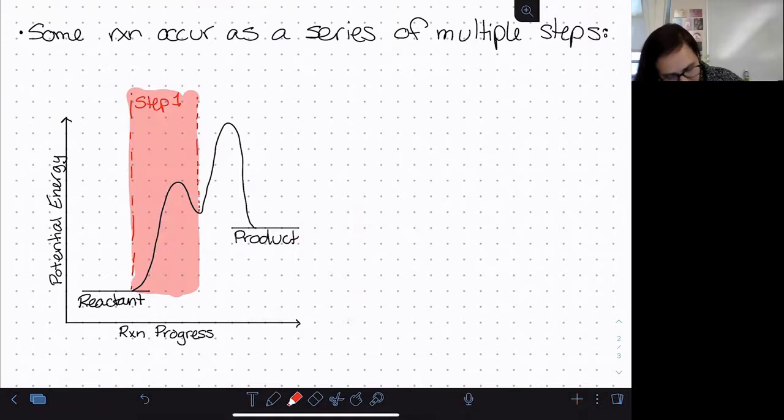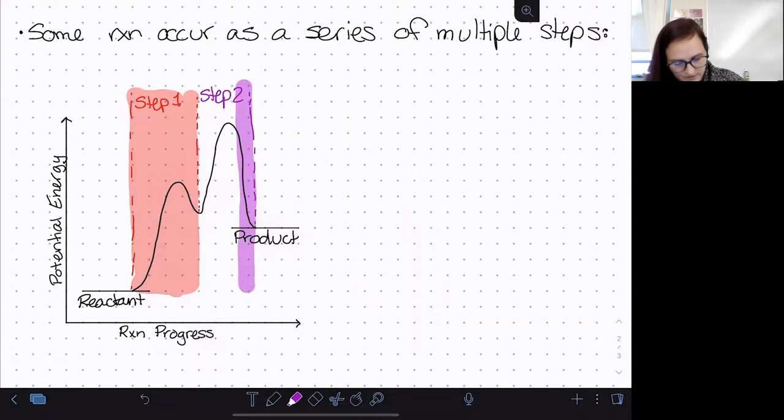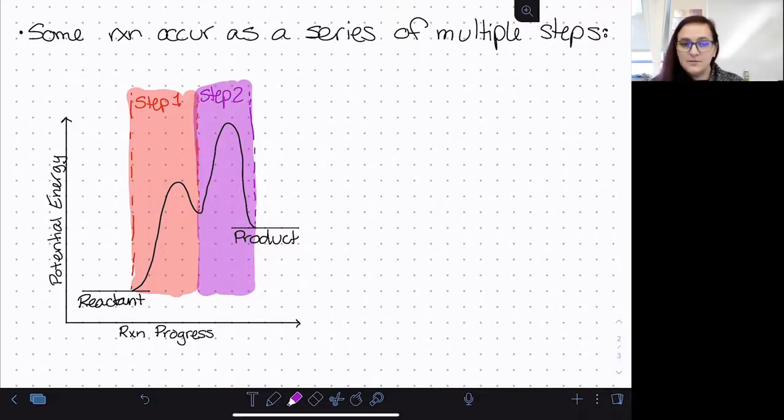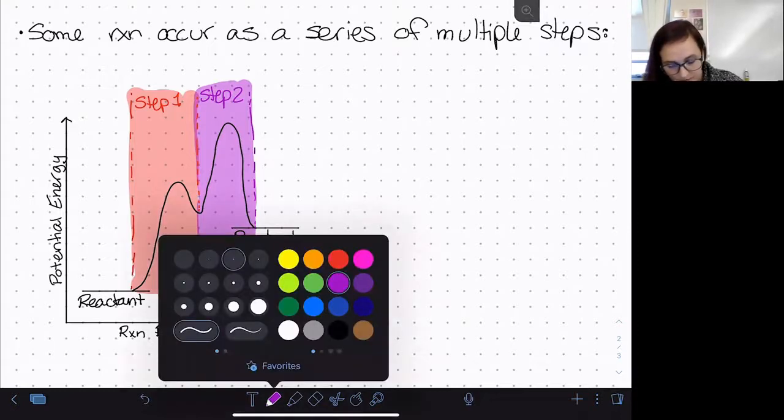And then our second peak to where we finish would be the second step of our reaction. And we can have as many steps as the reaction wants to have. So this would tell us, if we saw this reaction coordinate diagram, that this reaction is occurring in a 2-step process. And again, each step has its own activation barrier.